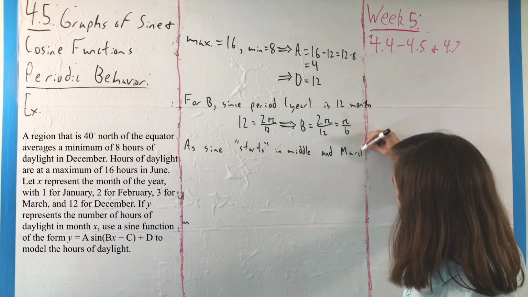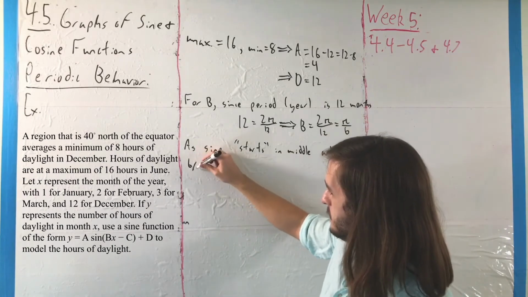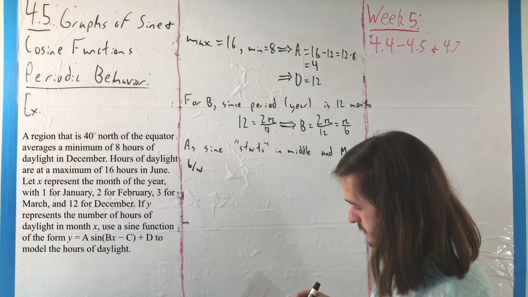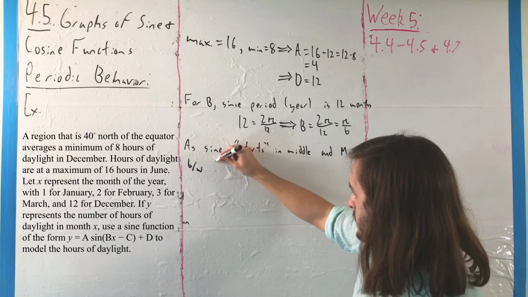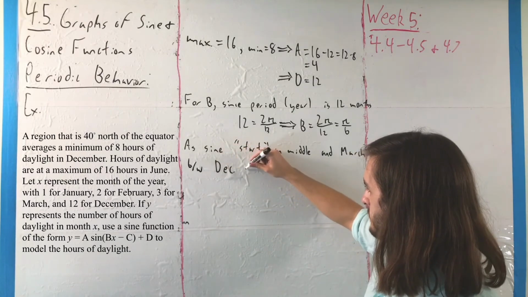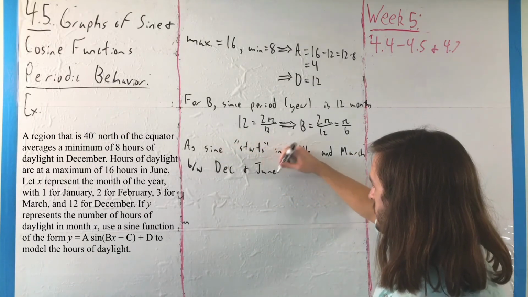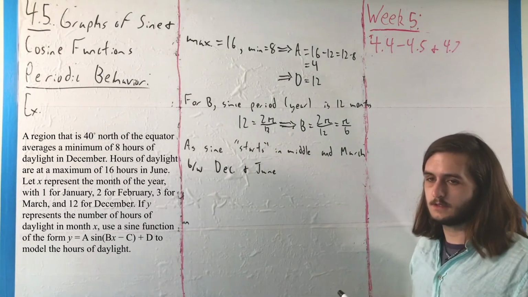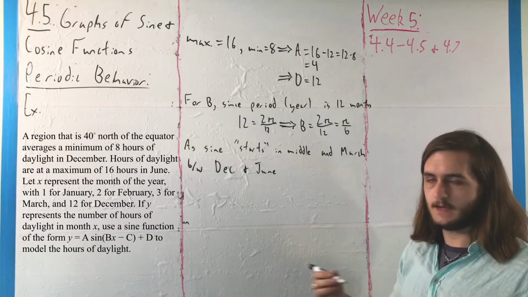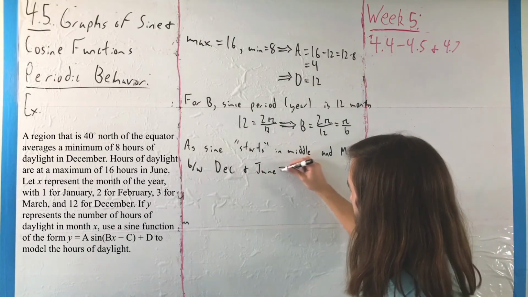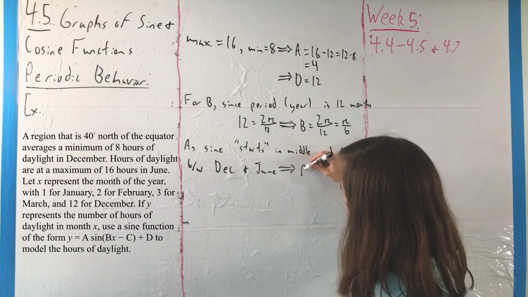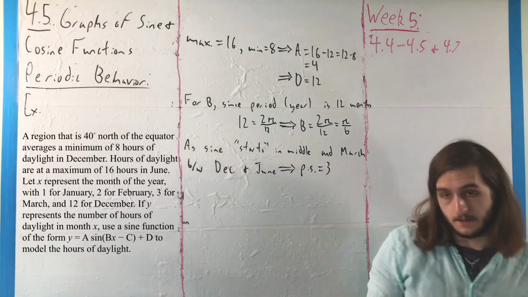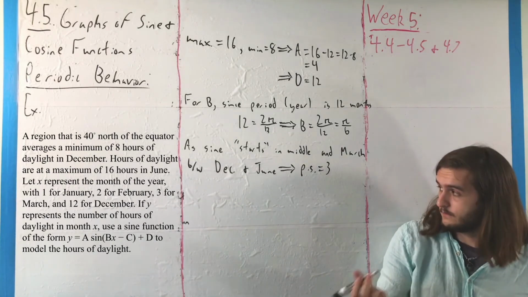March is the month between our minimum and our maximum, between December and June. We must have that our phase shift is equal to 3, because we said that 3 is the x value for March.